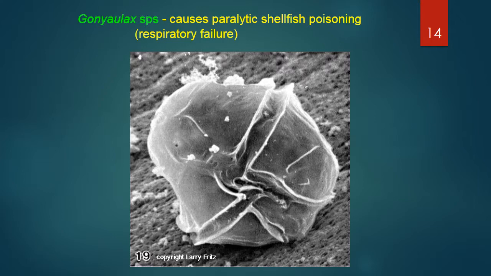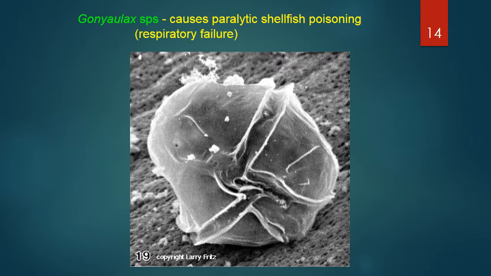Okay, this is another one of the dangerous genera of dinoflagellates. It causes what's called paralytic shellfish poisoning, which is a respiratory failure. So saxitoxin is a poison that's found in certain edible mollusks at certain times.